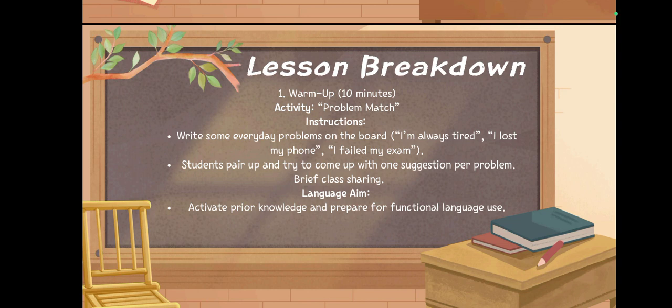The first one is to write some everyday problems on the board, like I'm always tired, or I lost my phone, or I failed my exam, etc. And the next one is students pair up and try to come up with one suggestion for one problem. It is essentially a brief class sharing. The language aim is to activate prior knowledge and prepare for functional language use.